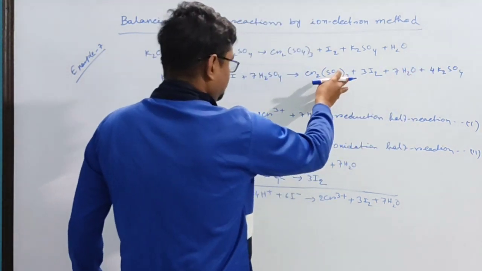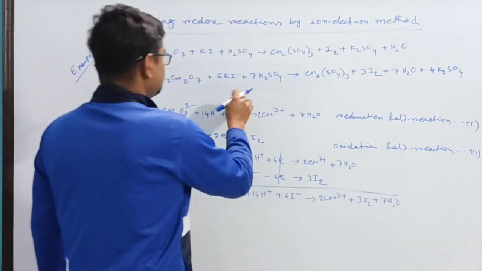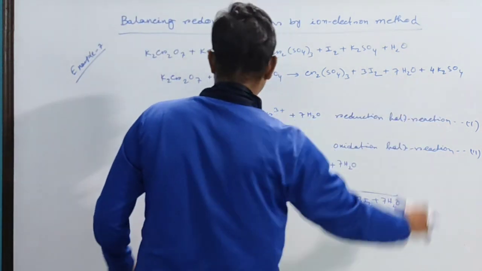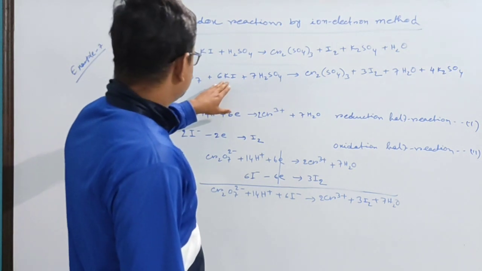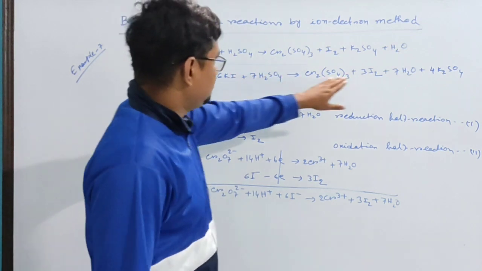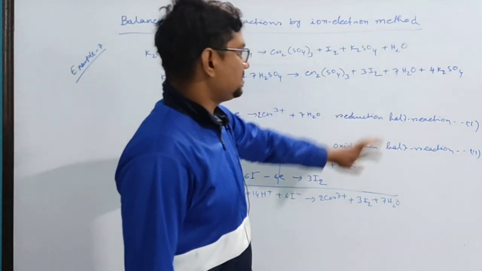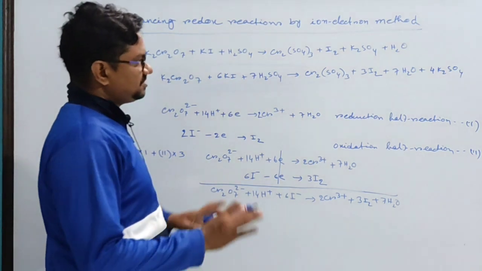I will discuss the sulfate ion separately. Now you see 7 sulfate, and already we have discussed that 7 sulfate are there. So 6 I minus, and here 3 I2, so 6 iodine atoms are there on the right hand side as well. So everything is balanced.